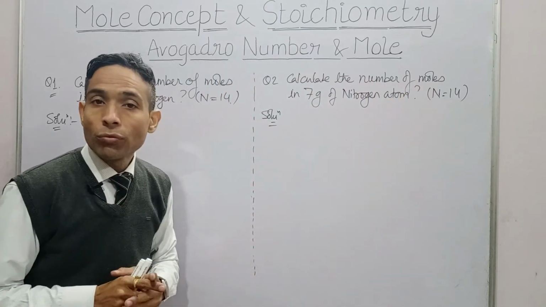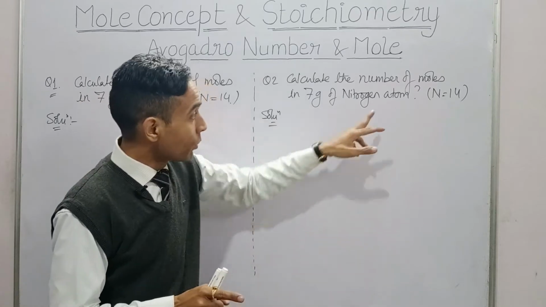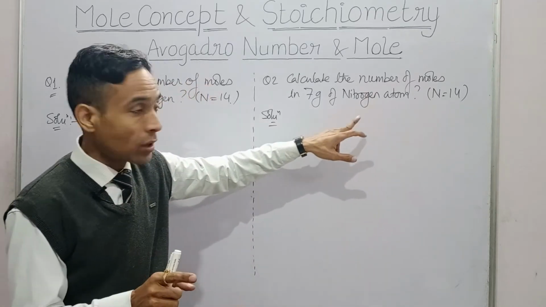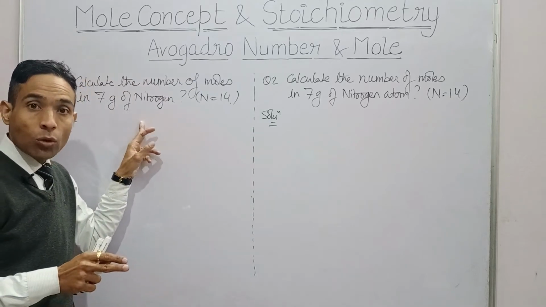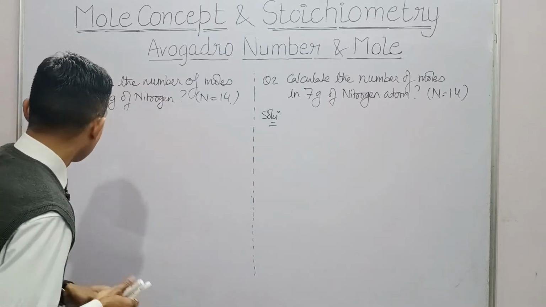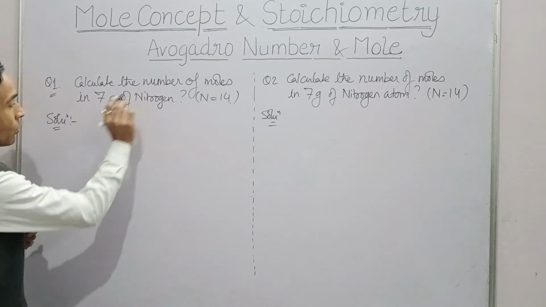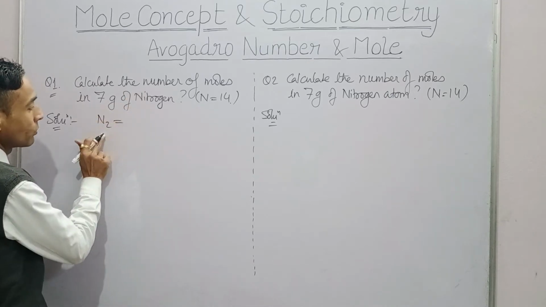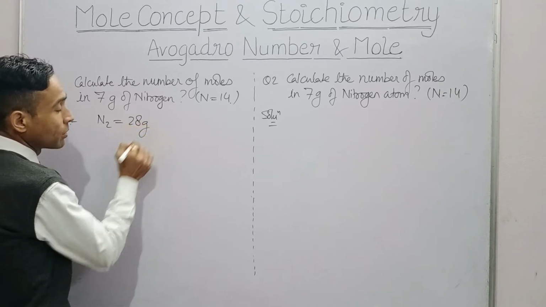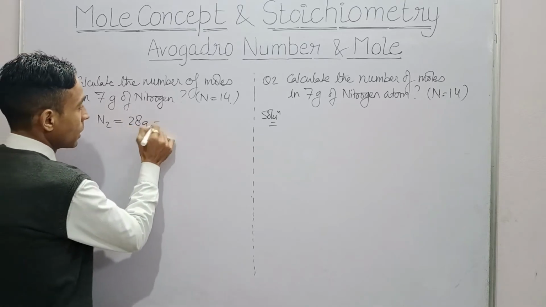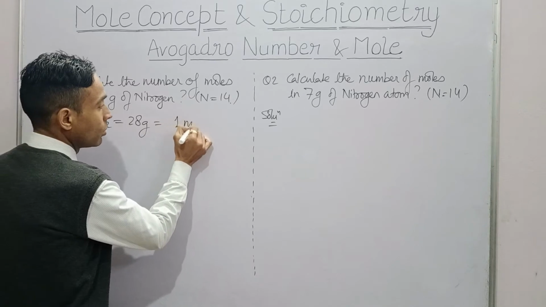So whenever we have to find out anything about the atom, it will be specifically mentioned in the numerical. Here it is not mentioned, so they are talking about molecule. Now let's do the first numerical. We know the molecular mass of nitrogen is 28. When we write it in gram, this becomes gram molecular mass. This is equal to 1 mole.